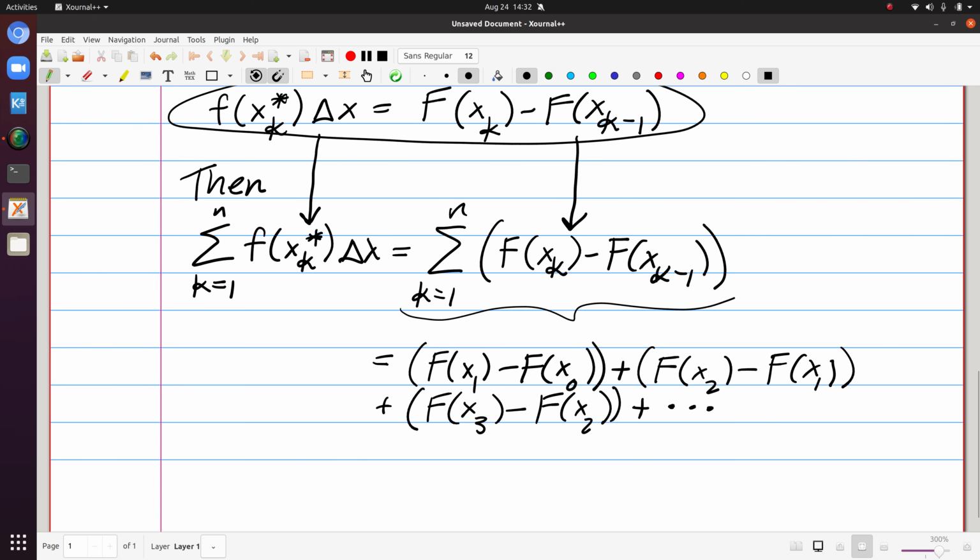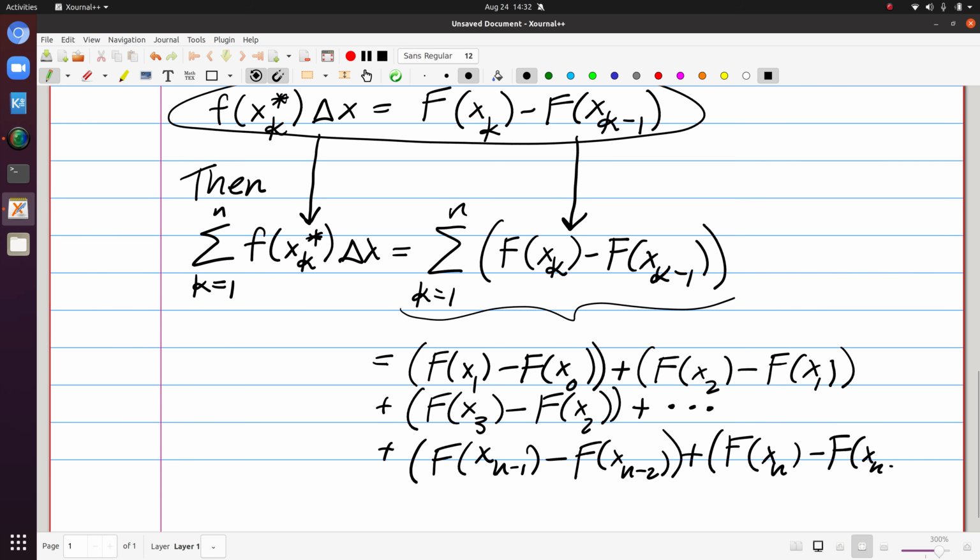And essentially, we're going to continue to do this until we hit all n terms. The n minus 1 term would involve f of x n minus 1 minus f of x n minus 2. And then finally, our last term would be f of xn minus f of xn minus 1.